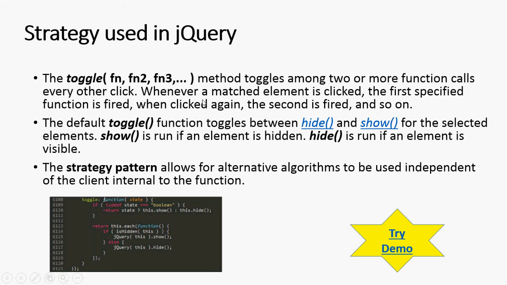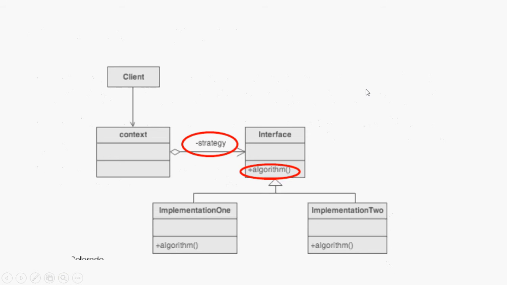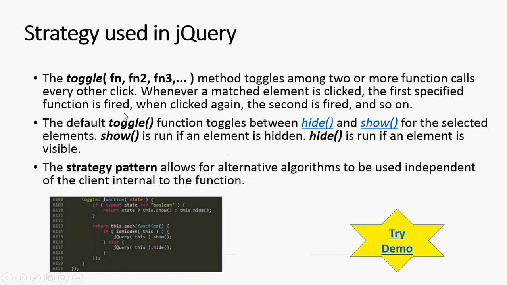Whenever a matched element is clicked, the first specified function is fired, and then when you click again, the second one is fired, and you click again, the third one is fired. So the default toggle function toggles between hide and show, which is about the visibility of the selected items.